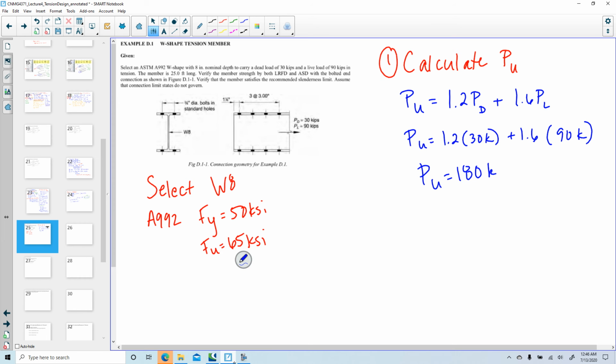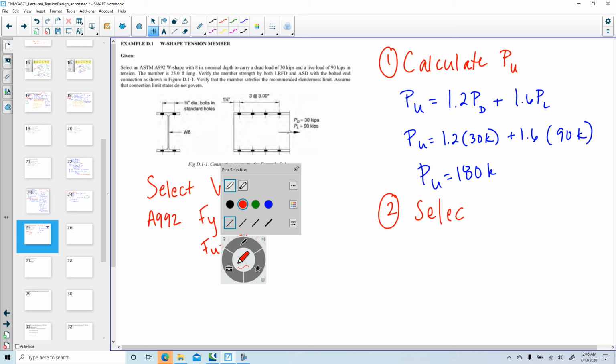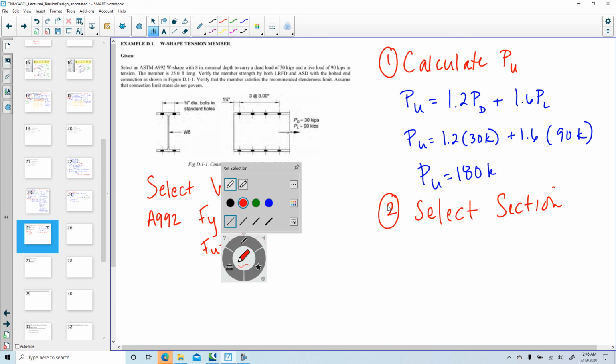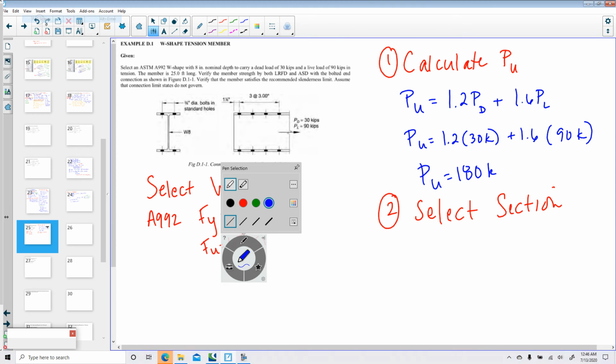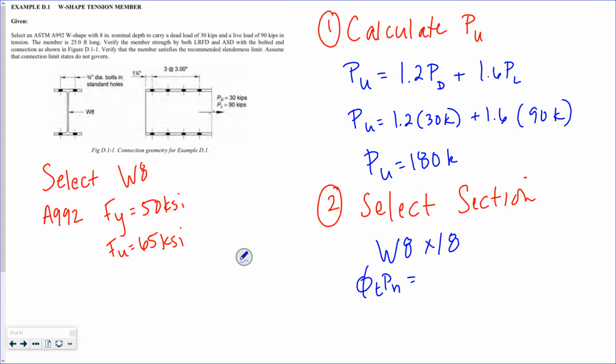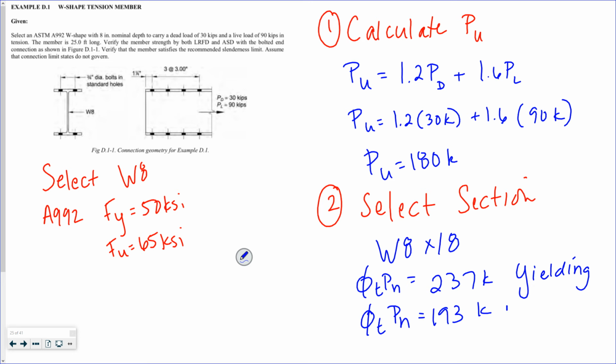So a W8 by 18 has a yielding design strength of 237 kips and 193 kips rupture.